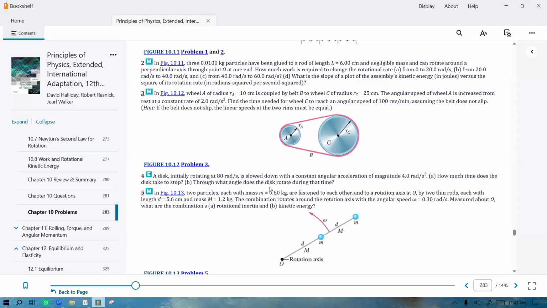Okay. So for rotational kinematics, here there are some example problems.